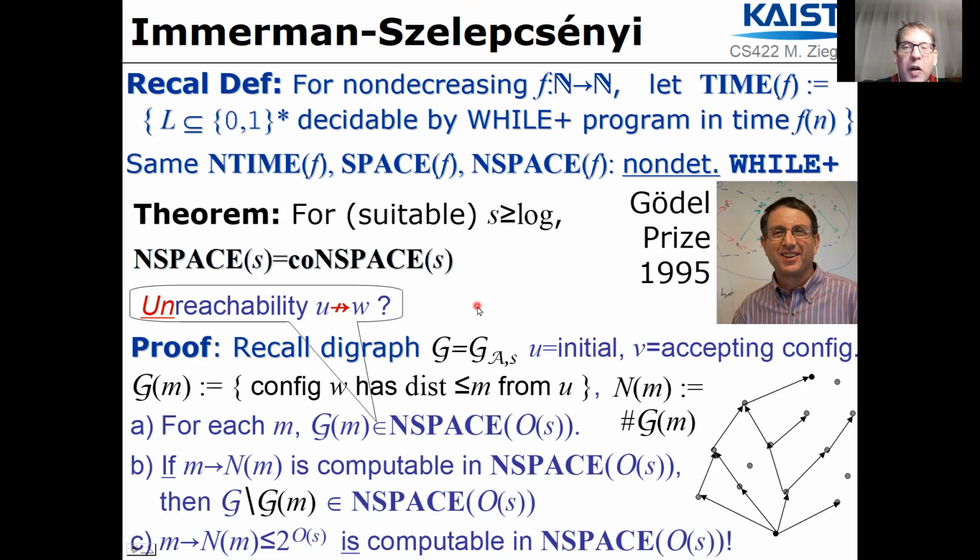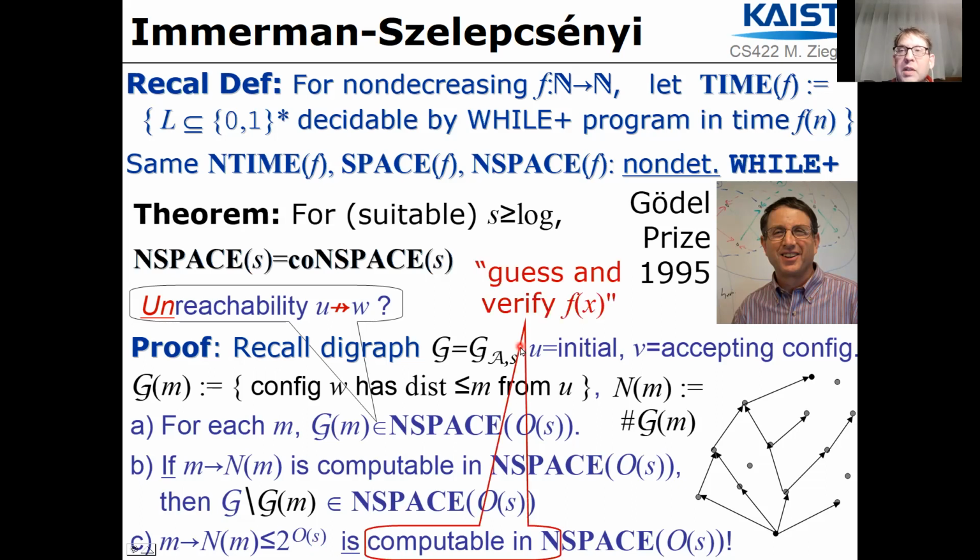Right, and now I've promised to raise your awareness of what it means to compute a function non-deterministically, so I still owe you the explanation for that. And the explanation for that is, well, the definition actually, namely the same paradigm to guess and verify the value.